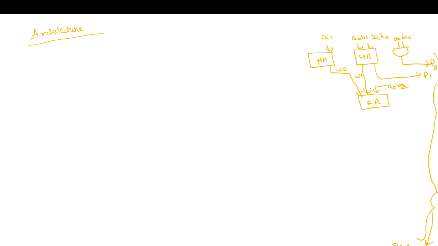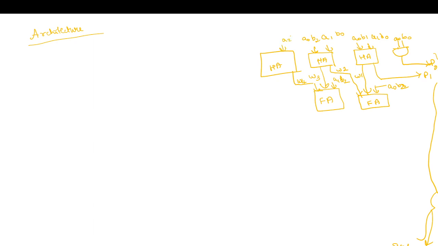So this is A1 B0, A0 B2, and then another carry, again a full adder. So one A1 B2, then here one carry which is W4 from this half adder.